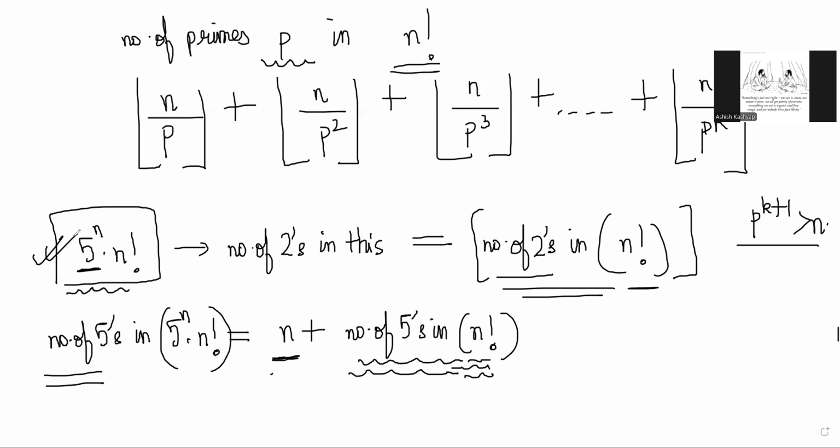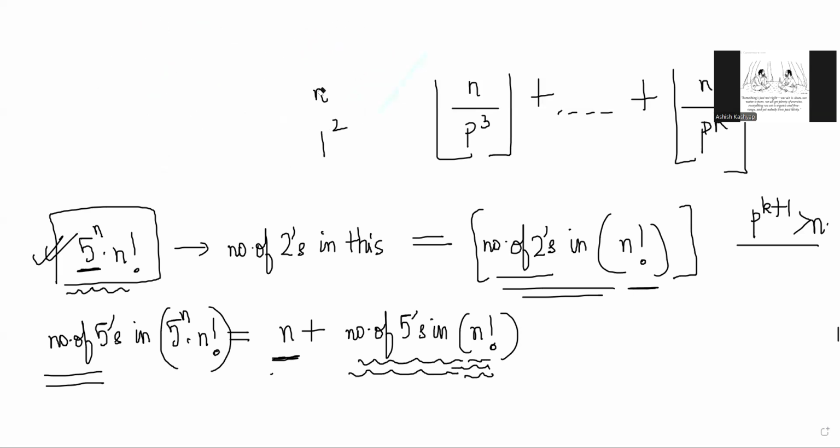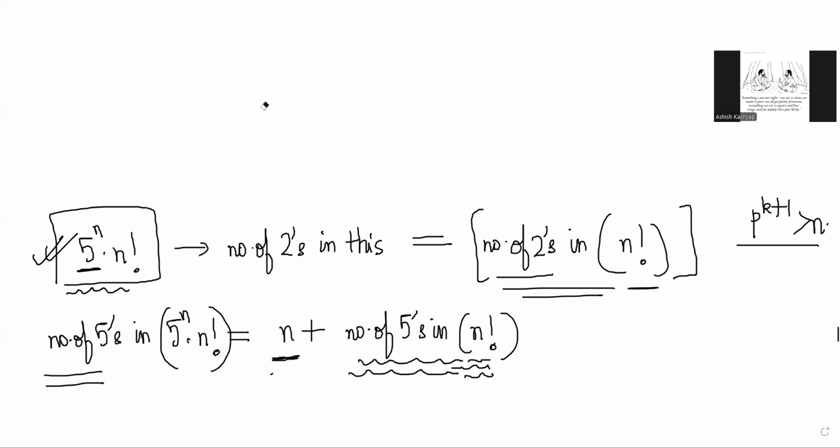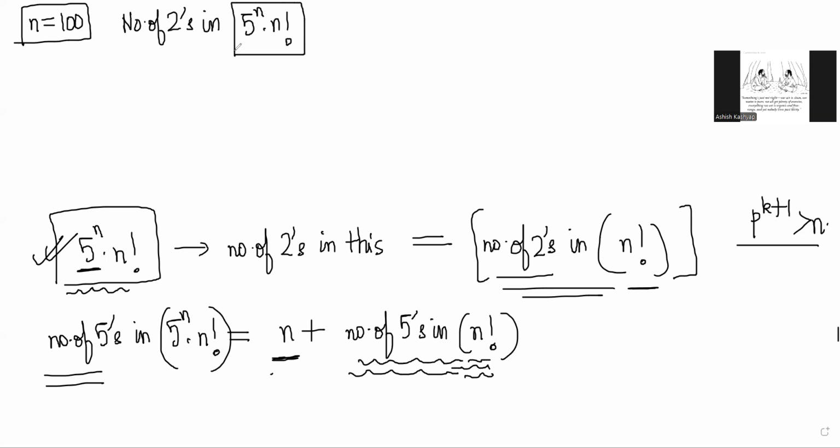Now, let's find how many twos are there. Let's take n as some big number. We want to have close to 100 zeros, right? So let's try something. Let's try n is equal to 100. So I want to count the number of twos in 5 power n into n factorial, right?